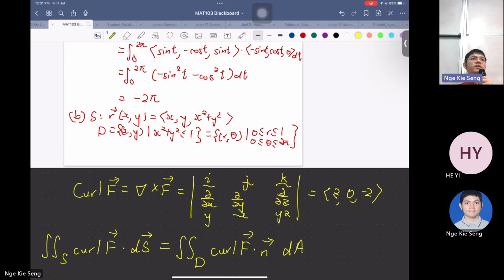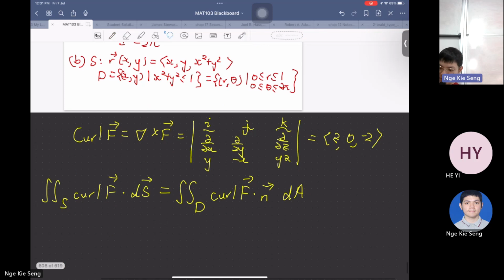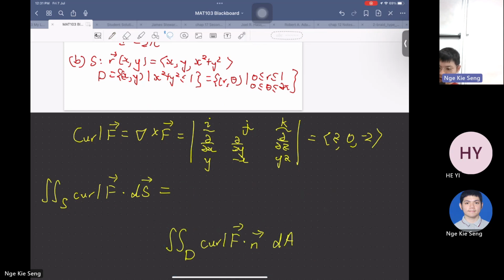Remember this or not? Remember how we derive this? Maybe I repeat the derivation again. So the surface integral here by definition is what? You need to make it flat. By definition, this is dotted with the unit tangent vector.